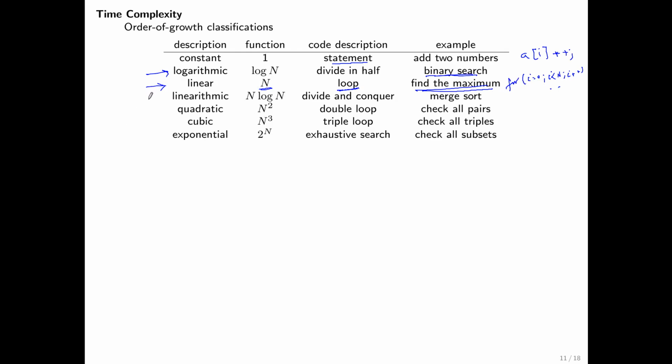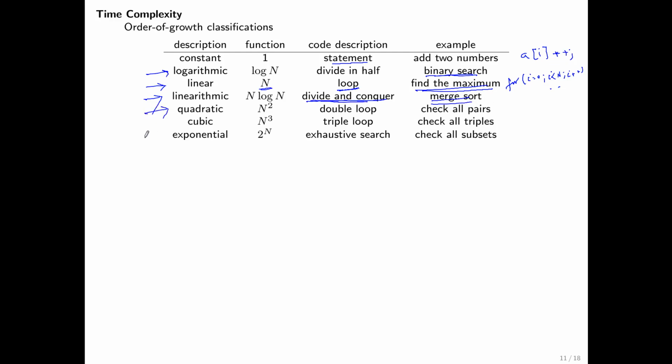The next class is the linearithmic class, which we write as n log n, and this typically manifests as a divide and conquer algorithm in code. A good example to keep in mind is merge sort, which we will discuss in a future lecture when we talk about sorting algorithms.